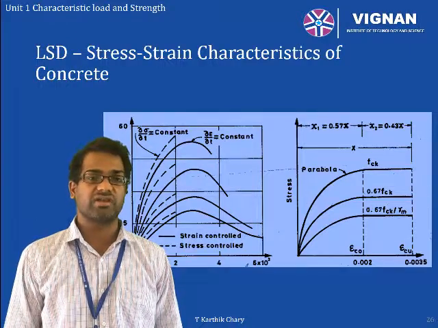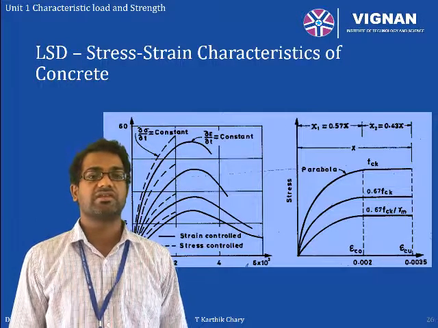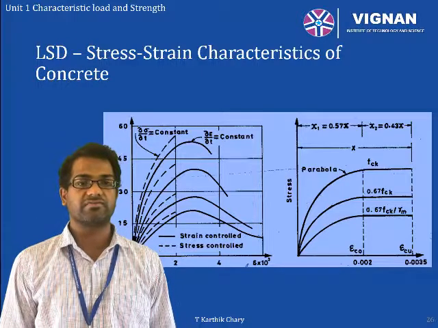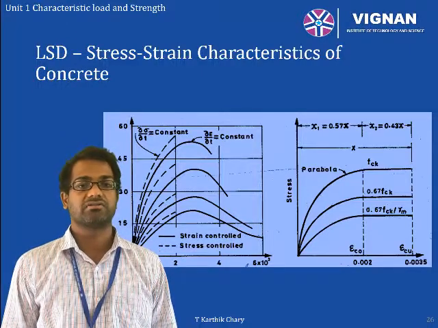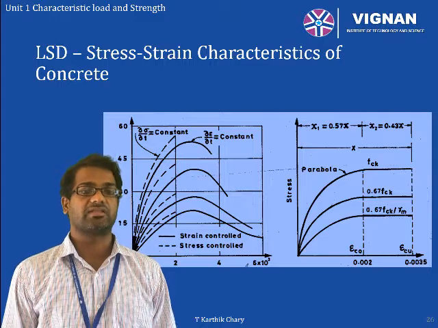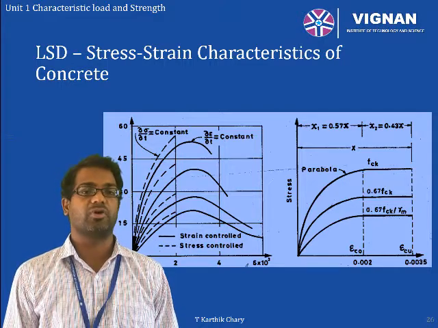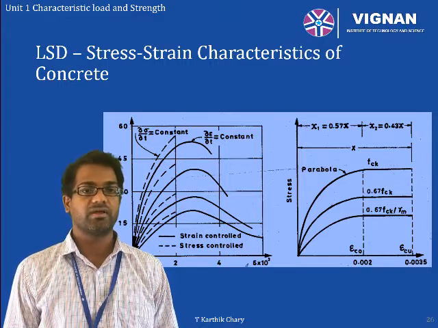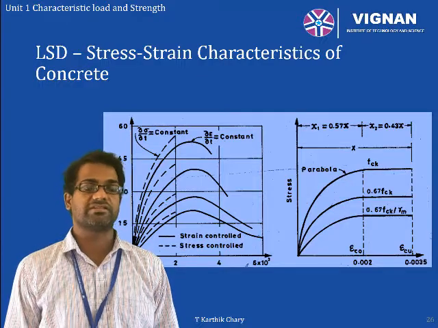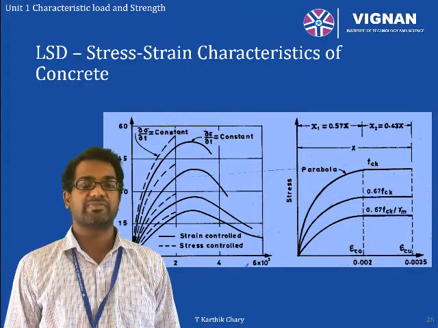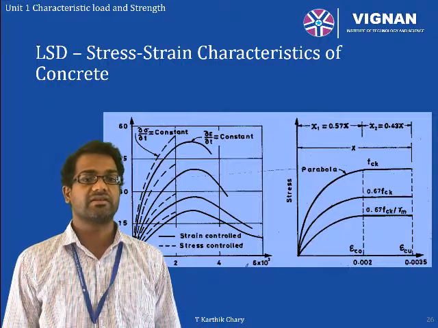It is assumed that the first portion is a parabola and the next portion is a rectangle. The maximum strain in the concrete is assumed as 0.0035, which means 0.35%, and the straining will commence from 0.00. The values are also provided in SP 16 and IS 456.